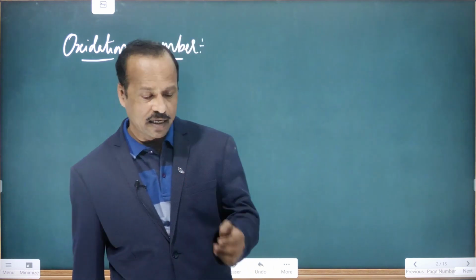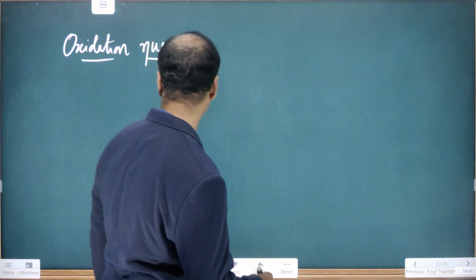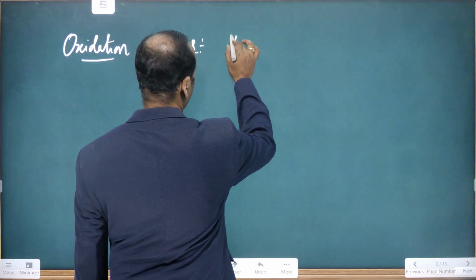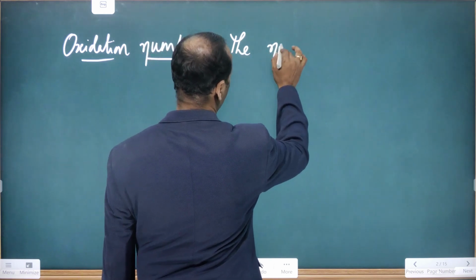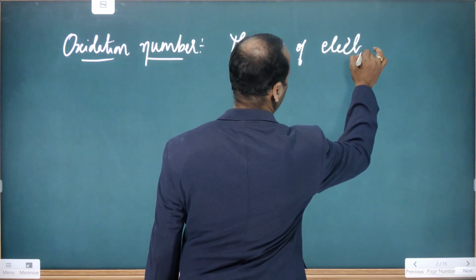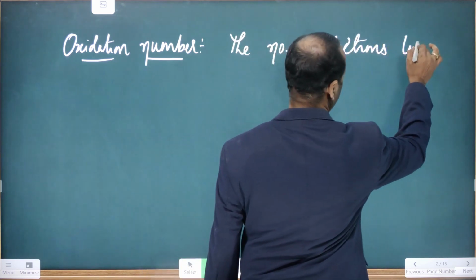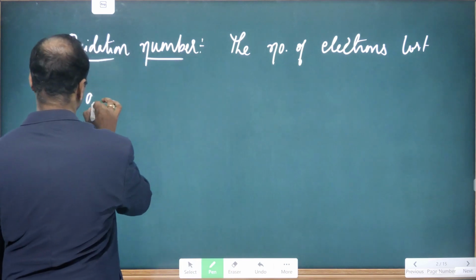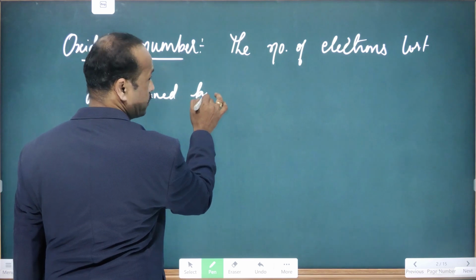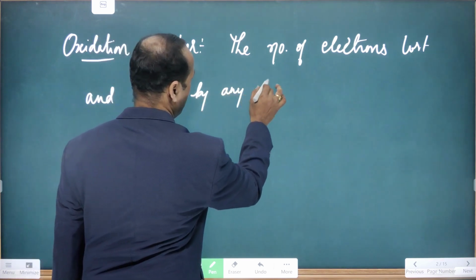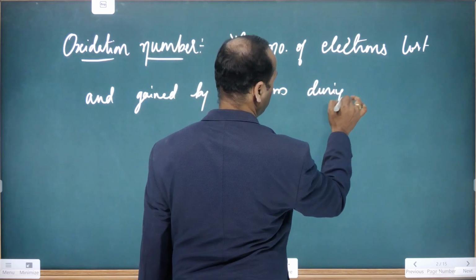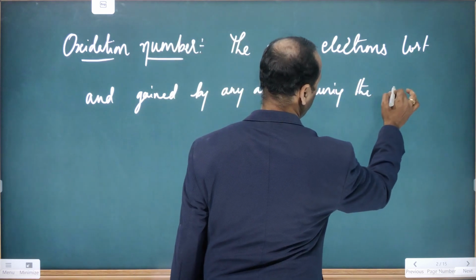So you can understand. For example, here I'll write the simple definition. Oxidation number is the number of electrons lost or gained by any atom during the formation of chemical bonds.